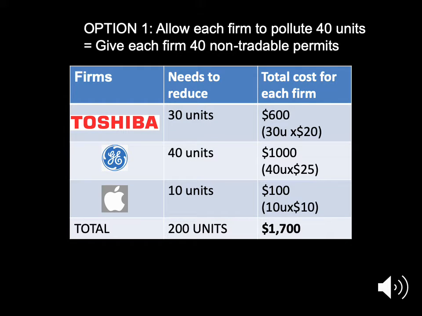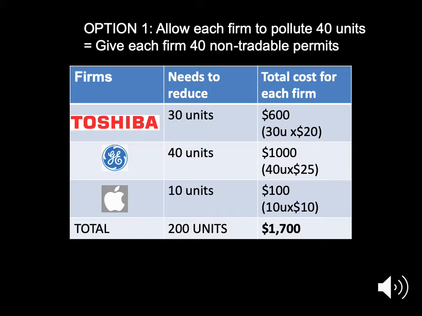So the first option is that we allow each firm to pollute 40 units only. They have permits and they are not able to trade with each other. If you recall, Toshiba had 70 units of pollution, so they need to reduce 30 units. And Toshiba has a cost of reducing each unit of $20. So reducing 30 units at $20 each would be a cost of $600.